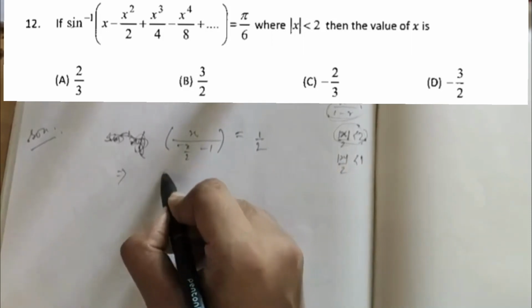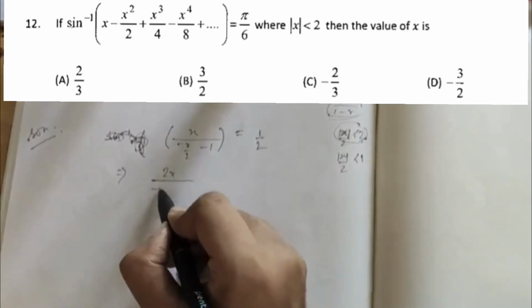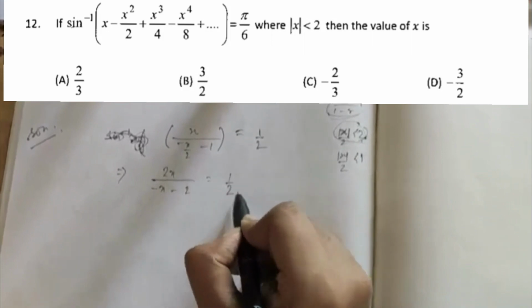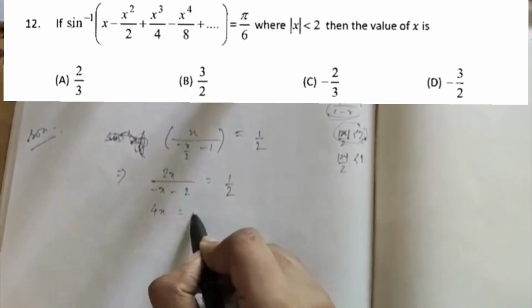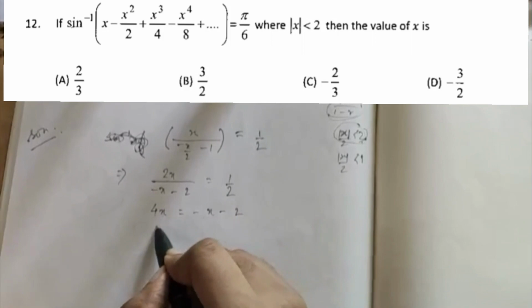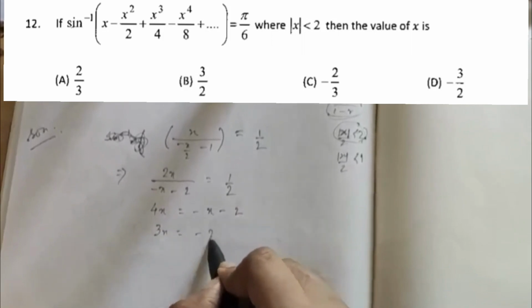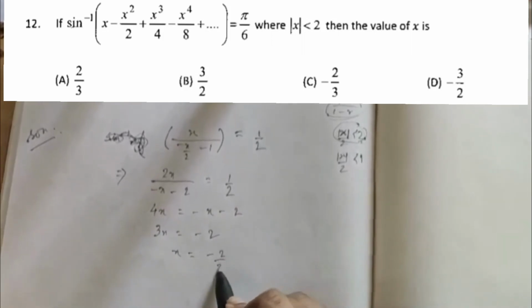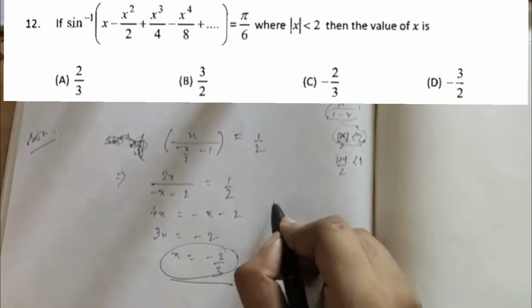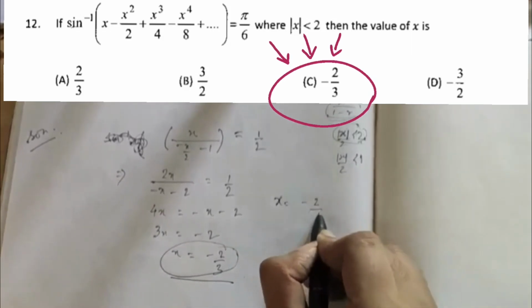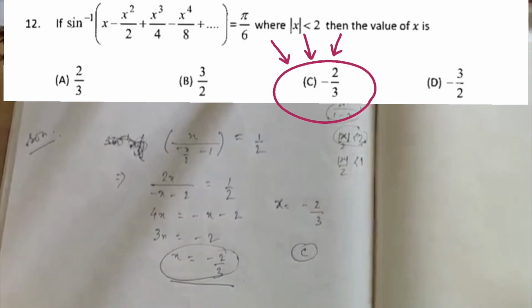So 2x by (2 plus x) is equal to half. That means 4x is equal to x plus 2. So 3x will be equal to 2, and x will be equal to 2 by 3. That is option C, which will be the correct one. Okay, so let's move on to the next question. This was a very easy one.